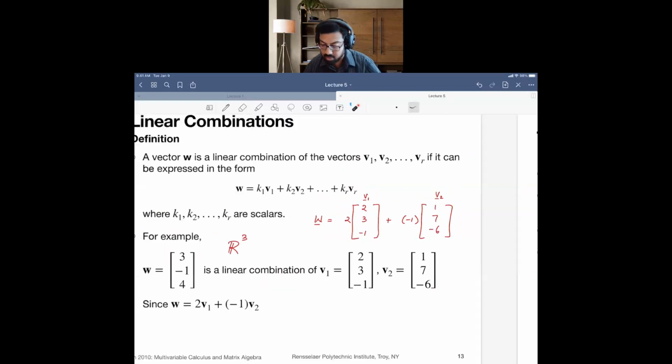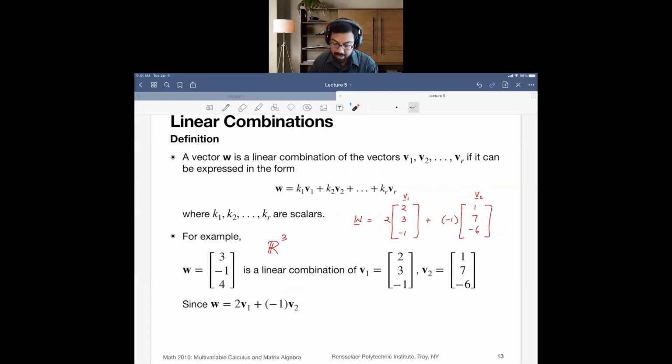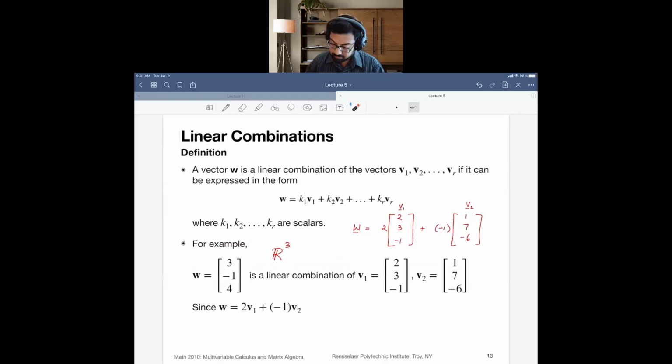Some amount of V1, some amount of V2, add them up, and I get to my W. So W qualifies as a vector that can be expressed as a linear combination of V1 and V2. In the previous lectures on linear independence and dependence, we noted how you can find those scalars that make that possible.